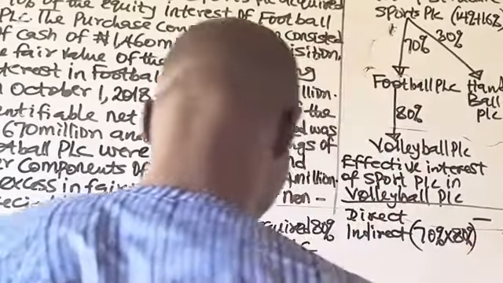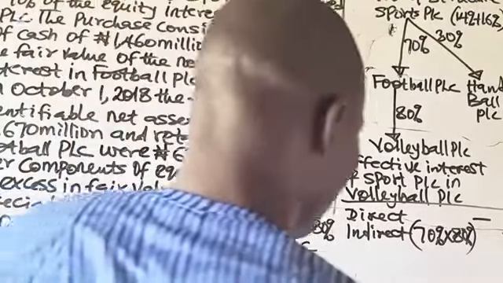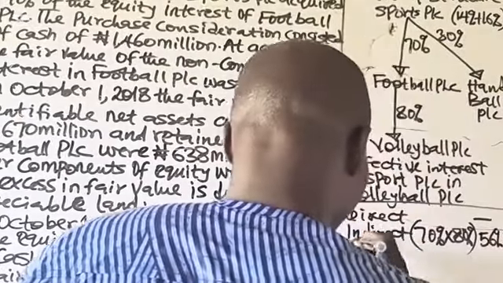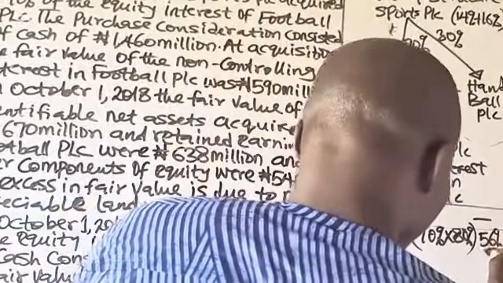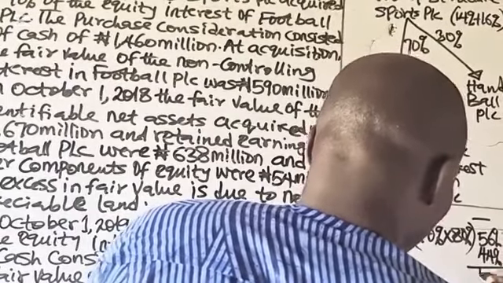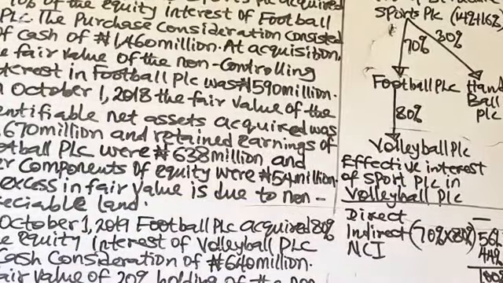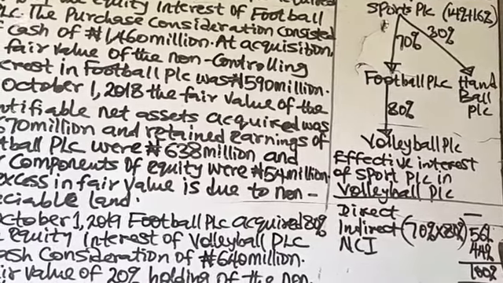That gives us 56%. That means the NCI owns 44%, if you subtract 56% from 100%. Total will be 100%. That is the effective interest of Sport PLC in Volleyball PLC.